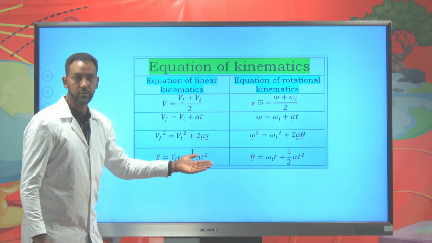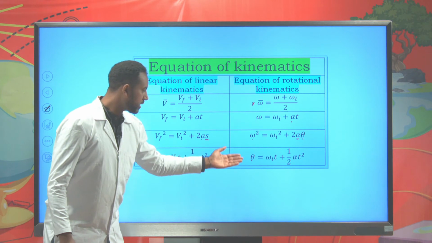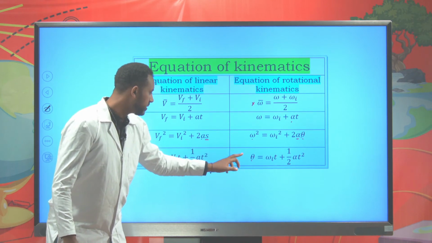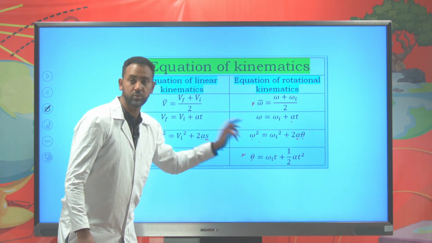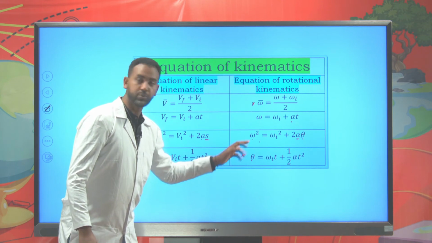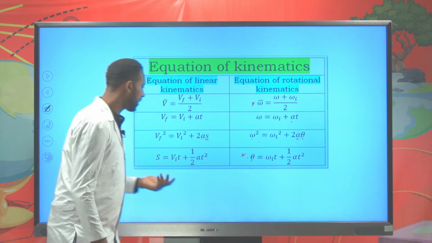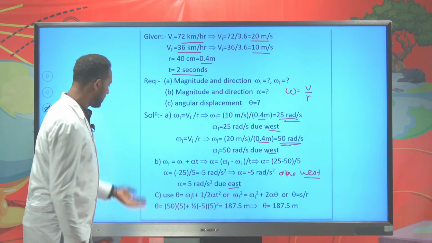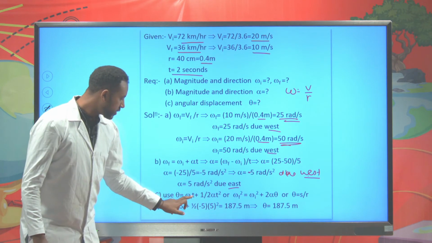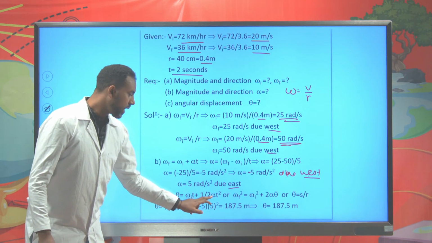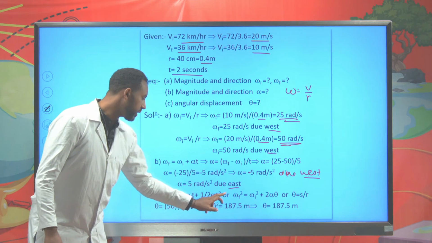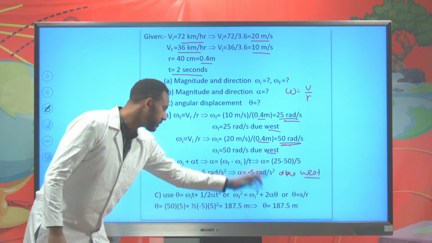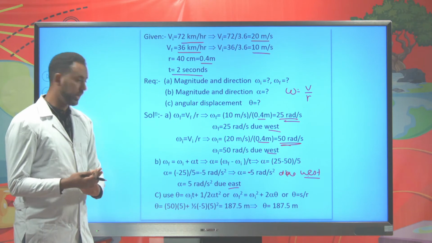You might choose either of the two as you like. You might use the other one for practice. Let's take this one. So theta equals omega initial t plus 1 over 2 alpha t squared. It's possible to use either, as you like.